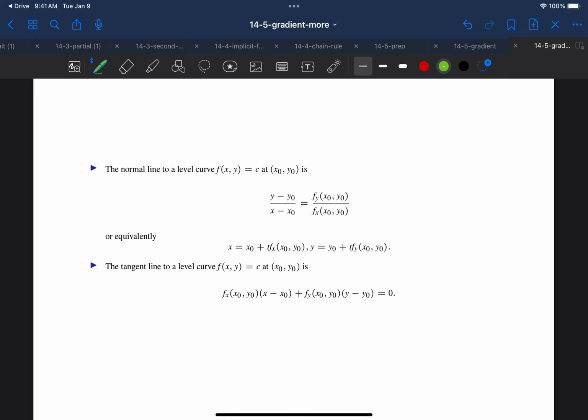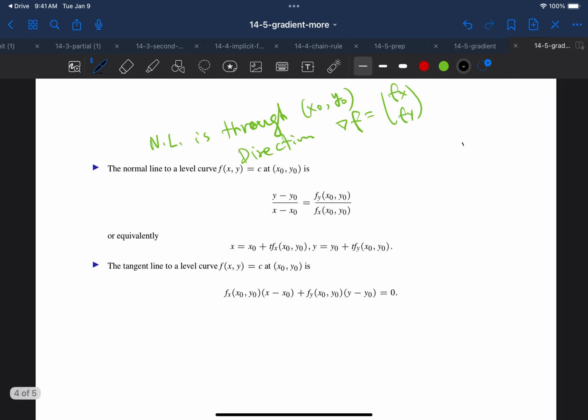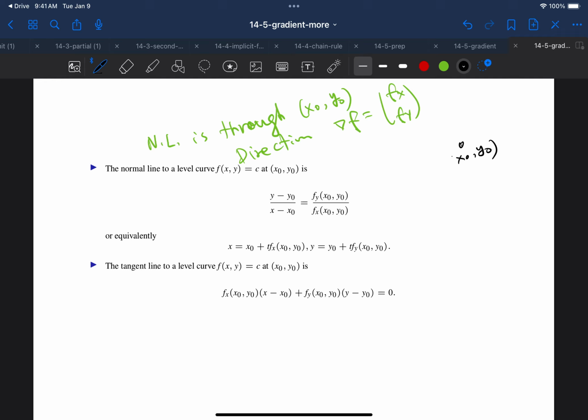So the normal line goes through x0, y0, with direction gradient f, which is fx, fy. To find this kind of line, suppose I have x0, y0, and I want to find the line in the direction of the given vector fx, fy.